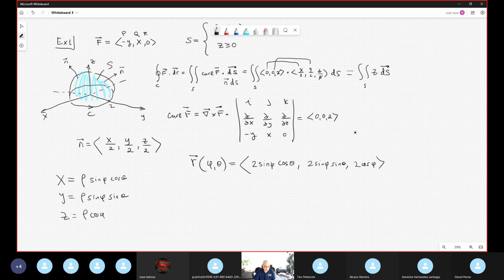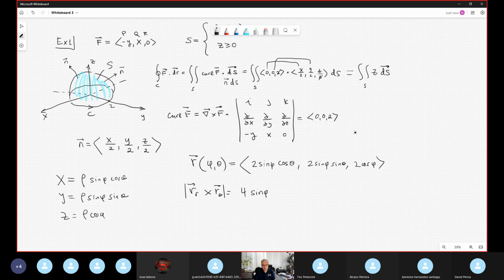You need to differentiate this vector-valued function with respect to phi, cross product, with respect to theta, cross product. Guys, I want to avoid this because it's too long. And find the magnitude of this. And magically it happens that the answer is 4 sine phi.